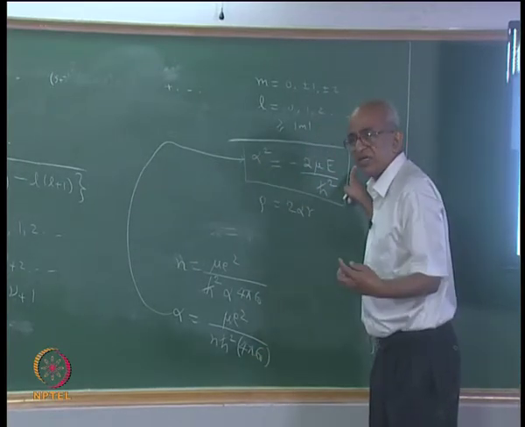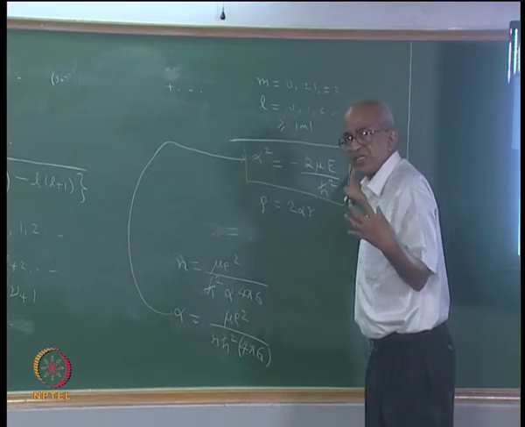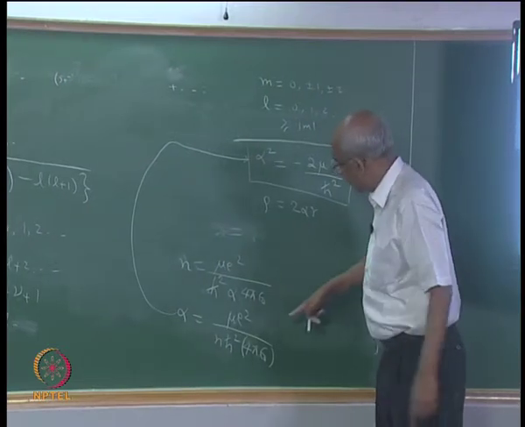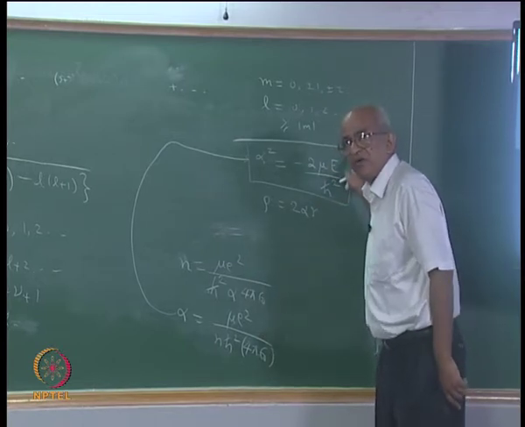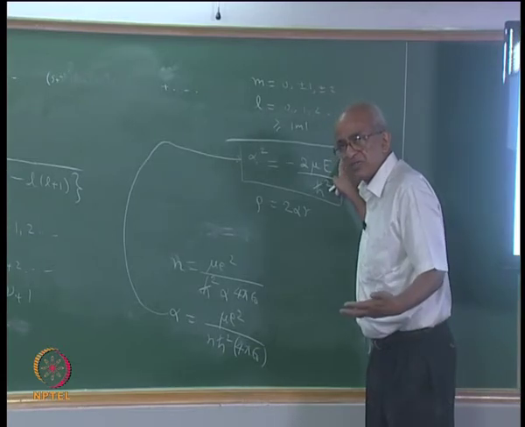So, what is the conclusion? The conclusion is that only for certain values of energy would I get acceptable solutions, and what are those values of E? How will I find that? Instead of this alpha, I will put that expression, and solve for E. What is the expression that you will get?